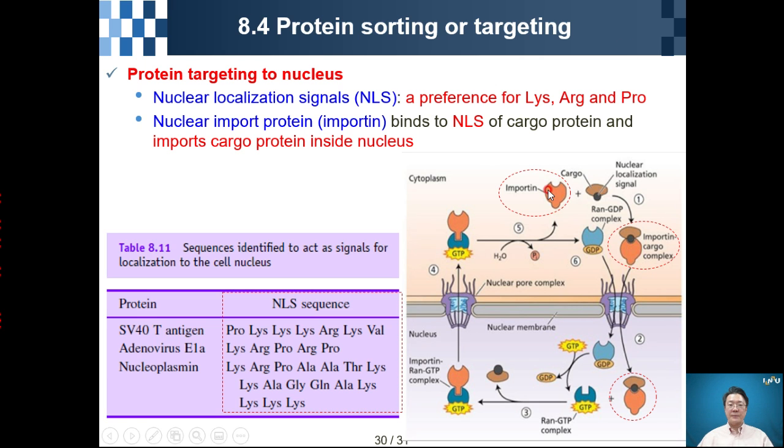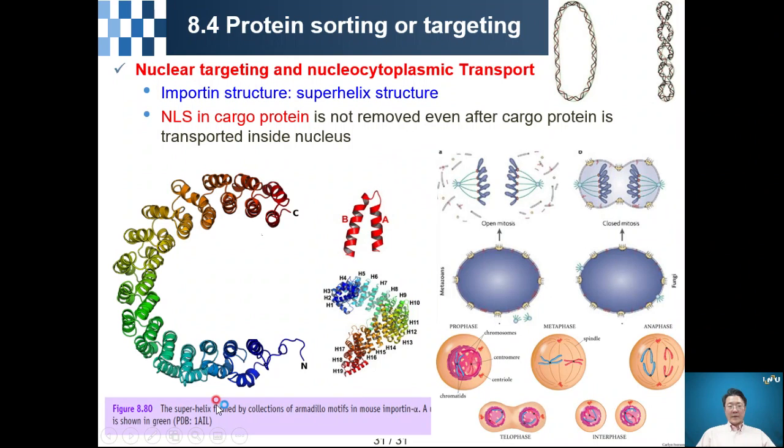Okay, so this is the importin structure from N-terminal to C-terminal. If we look at more detailed information on importin, each importin is composed of 19 subunits.